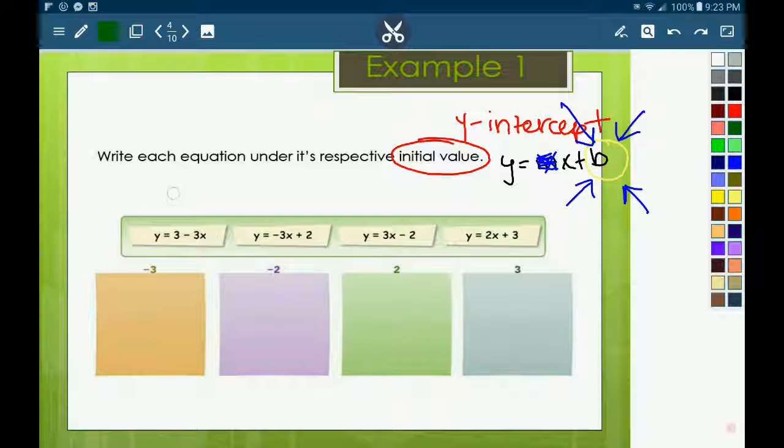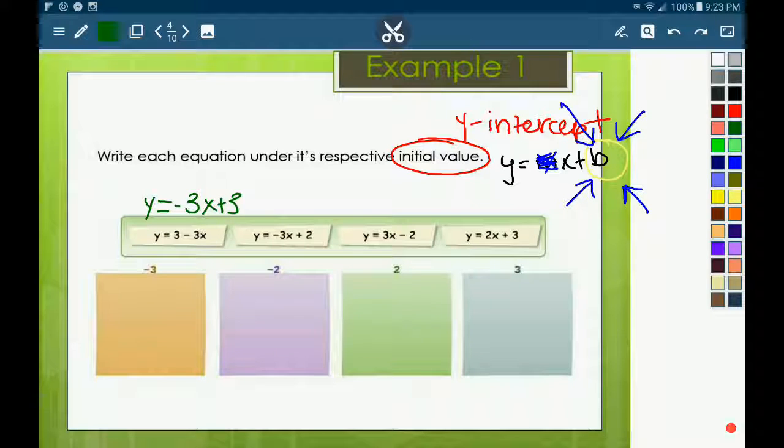This first equation that we see here, I just labeled number 1. Again, it's the number that does not multiply x. Even though in this first tile it's flipped around, that 3 is still the initial value because it does not have an x attached to it. You can always rewrite that equation as y equals negative 3x plus 3.